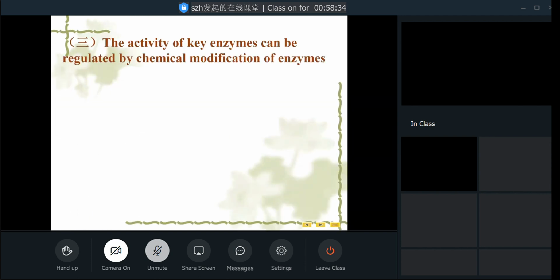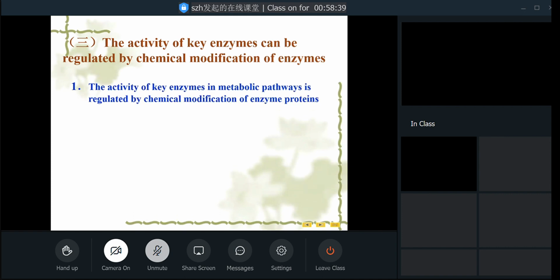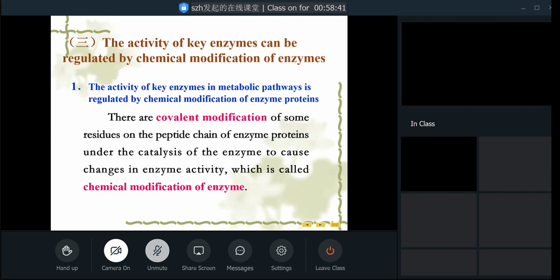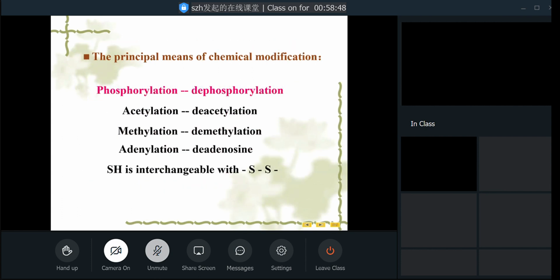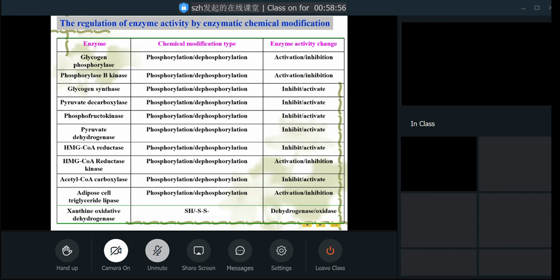Another thing is that the activity of the key enzyme can be regulated by covalent modification. This we already finished. For my students, only remember phosphorylation and dephosphorylation. Here you can see acetylation, deacetylation, methylation, demethylation. We studied phosphorylation and dephosphorylation in our book. What kind of effect?